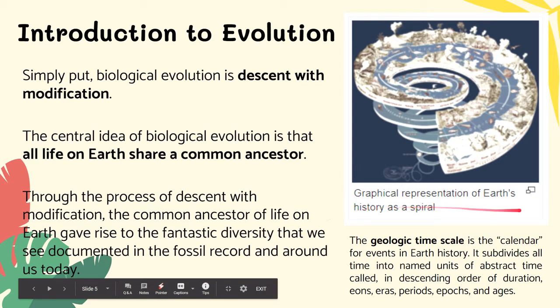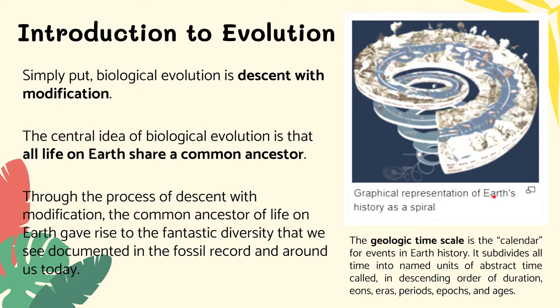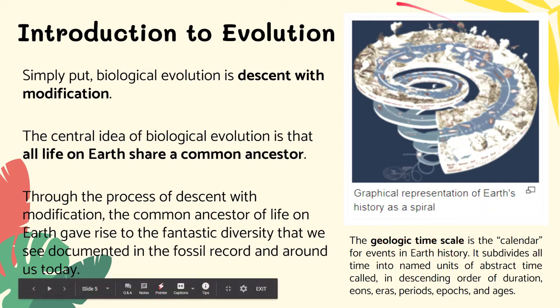Now, another way to trace our common ancestor is by looking at the geologic time scale. We've talked about this in one of our lessons about the Earth's history. The geologic time scale is the calendar of events of the Earth's history. So we can look back in time based on the evidence from the fossil records.